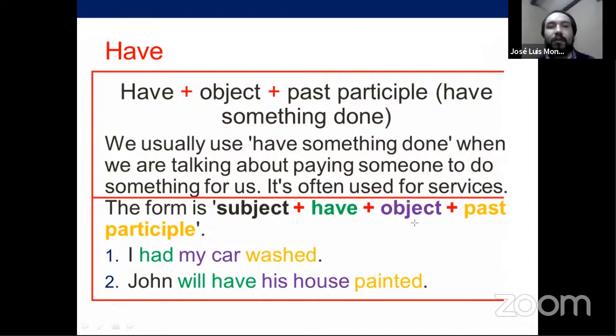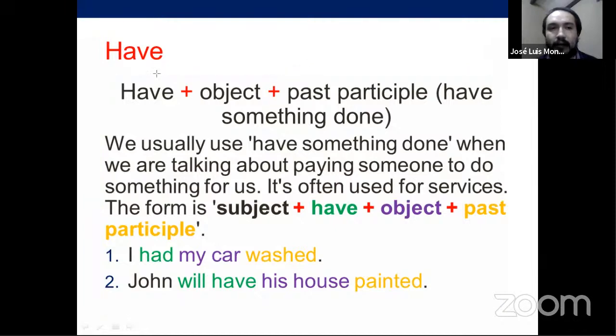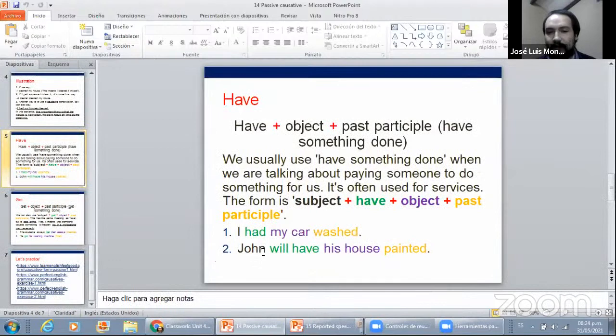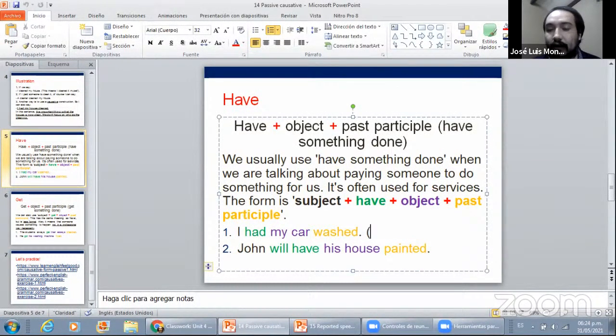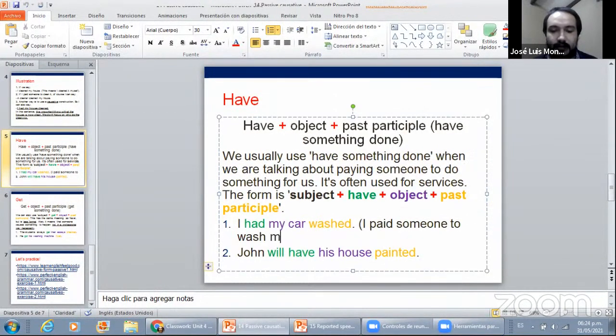Thank you very much. So in other words, what you're saying here is the following, right? Let me show you. I remember that on Friday, you asked me, right? Can I use present? And I wrote some examples for you. How do you say this in other words? I had my car washed. In other words, you say that I paid someone to wash my car in the past.